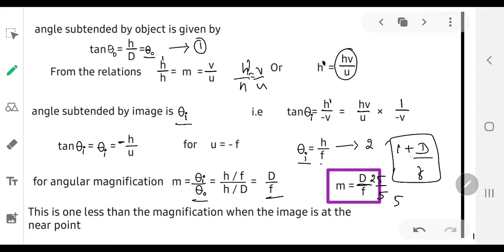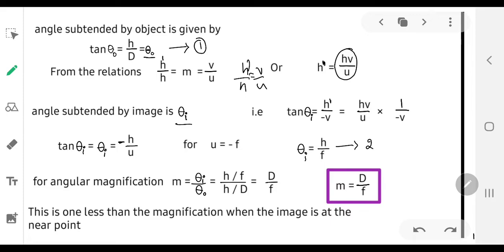For the same lens, the magnification when the image is formed at d will be 6, which is 1 more than the magnification when the image is at infinity. But viewing the image at infinity gives a relaxed position of the eye. So image formation at infinity is preferred over image formation at the least distance of distinct vision.